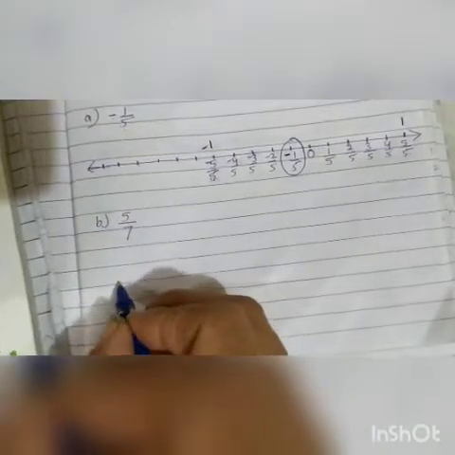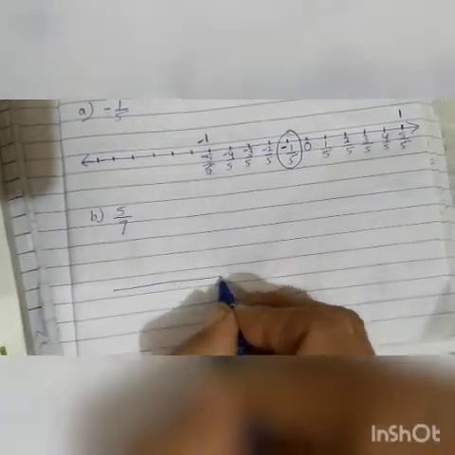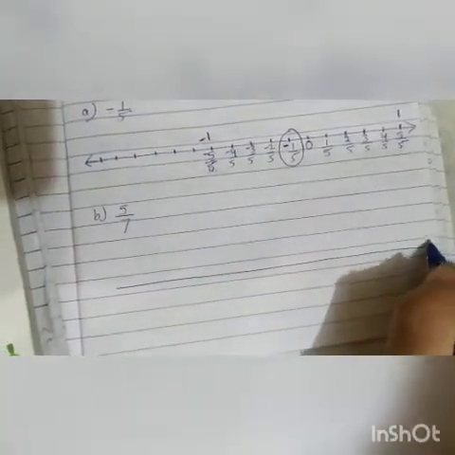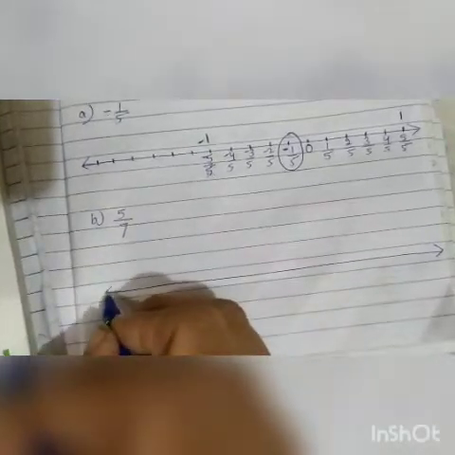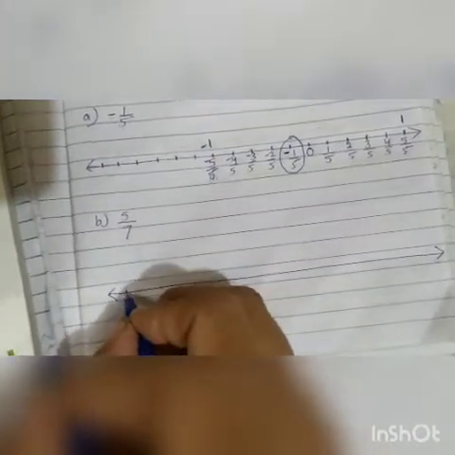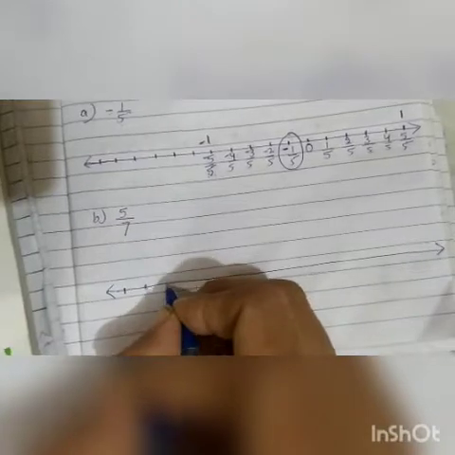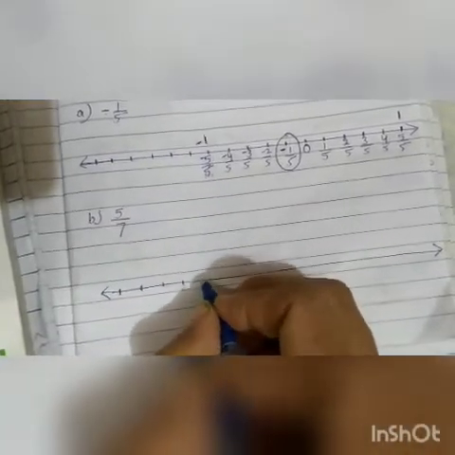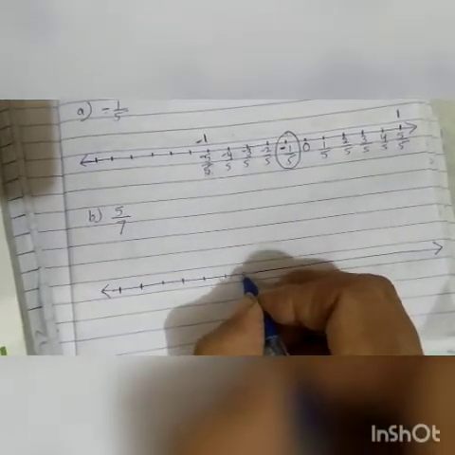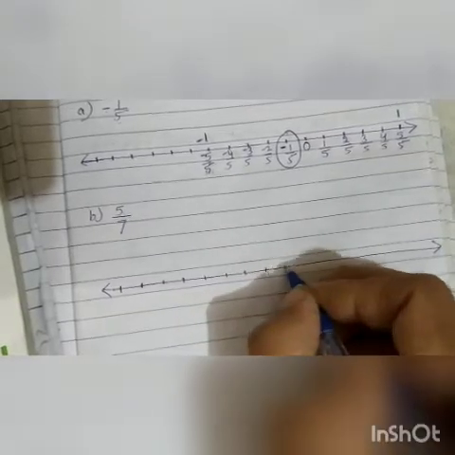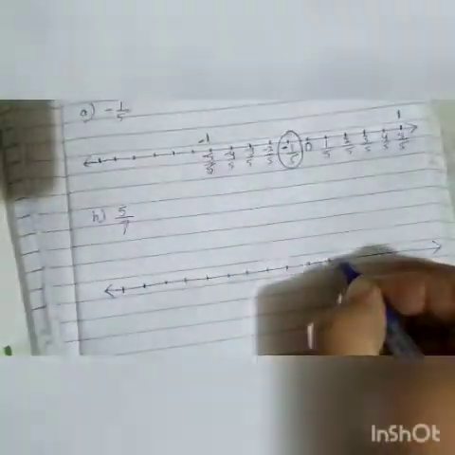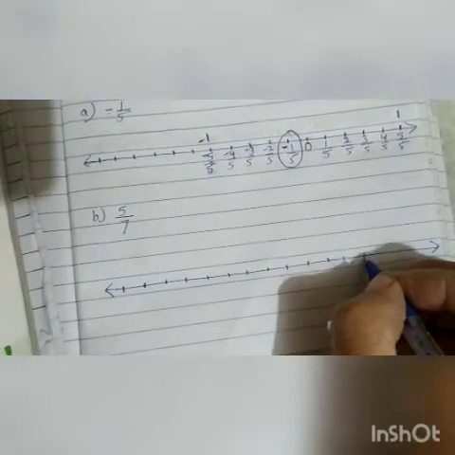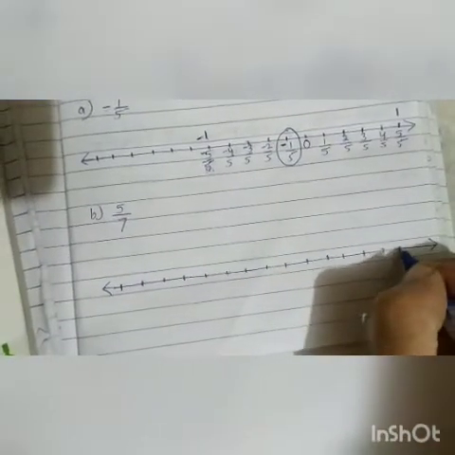Now it is 5 upon 7. Again draw a number line, then mark some points at equal distance, like this.